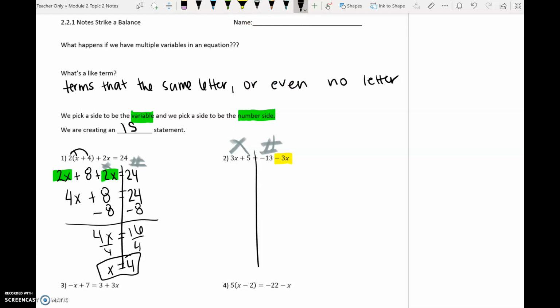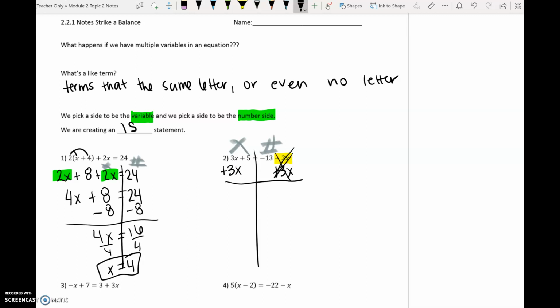That is a different side of the equation though. They're not on the same side. So if I want to get them on the same side, I'm going to have to move my 3x. And the way to move something to the other side is inverses. So I'm going to do the opposite, which means I'm going to add it. Notice it says subtract, so the opposite would in fact be to add.